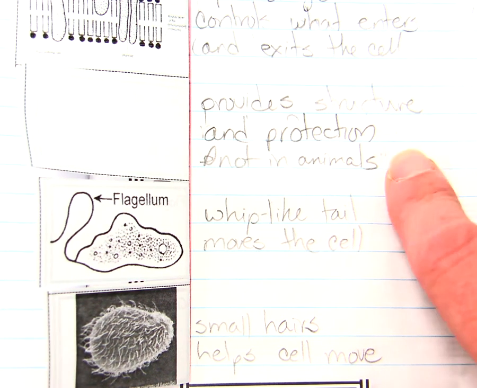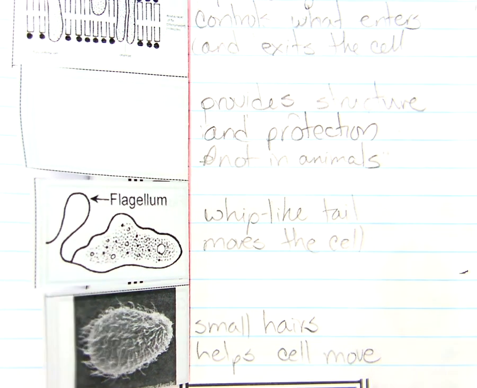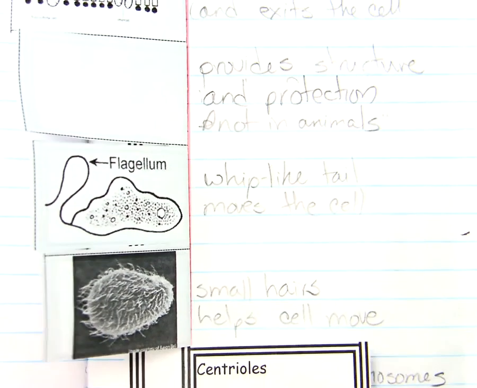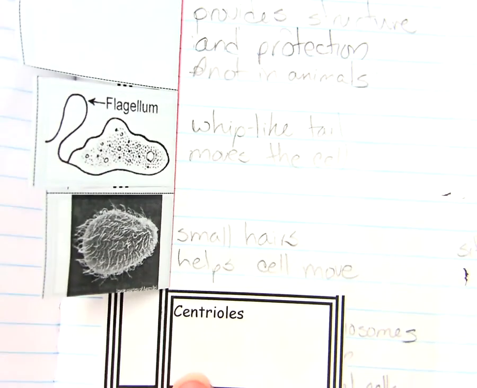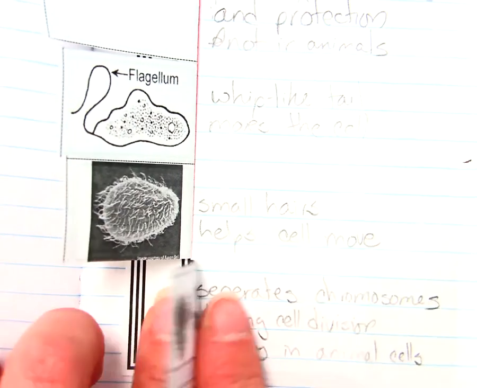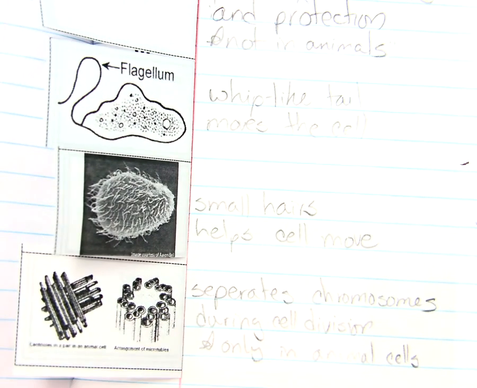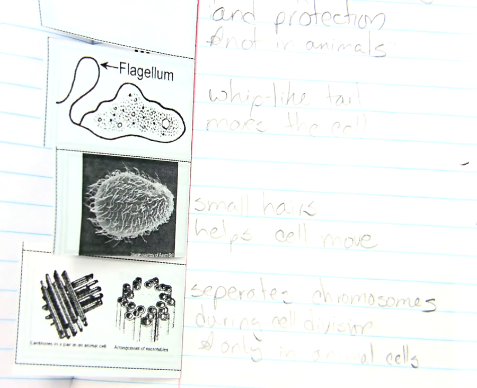And so earlier we had the cell wall that wasn't found in animals. When we look at centrioles, this one is unique to animals. We're only going to find it in animal cells.